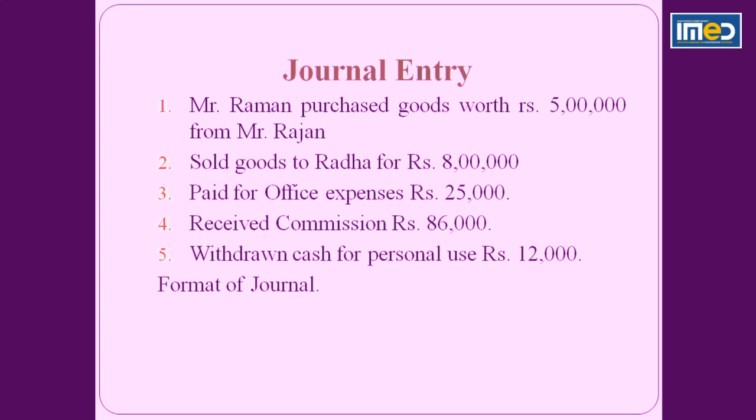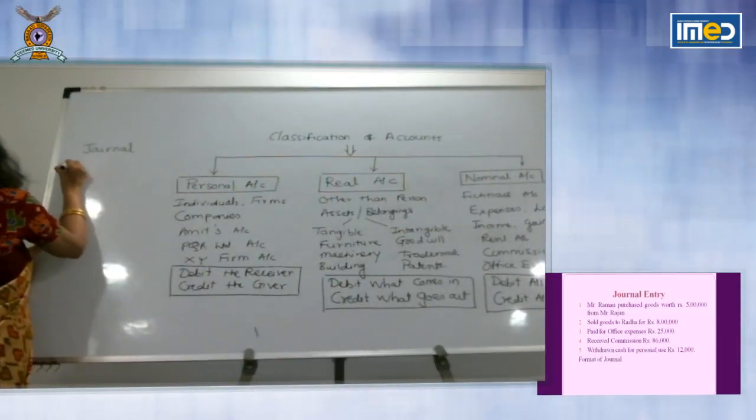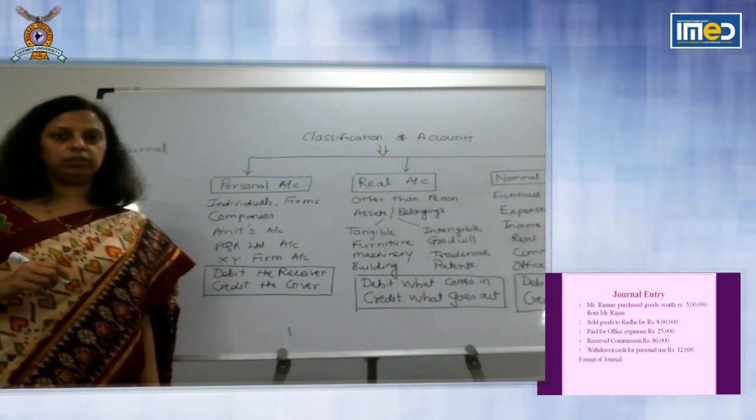First you have to think of the transaction from Mr. Raman's point of view. So what is the transaction? Raman purchased goods worth rupees 5 lakh from Rajan. Raman has purchased goods. So step 1, find out the two accounts involved in the business transaction.